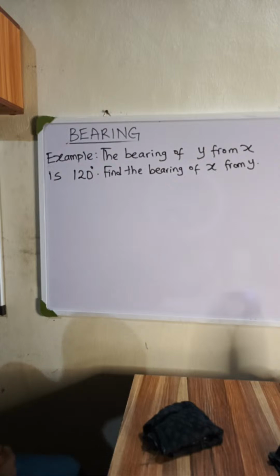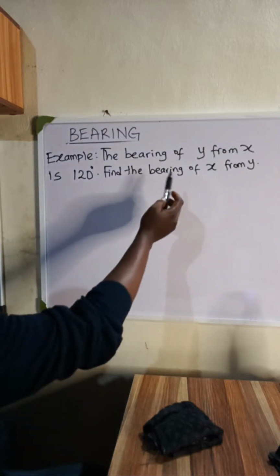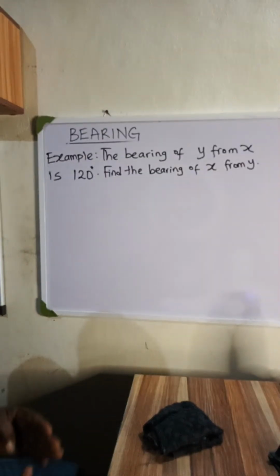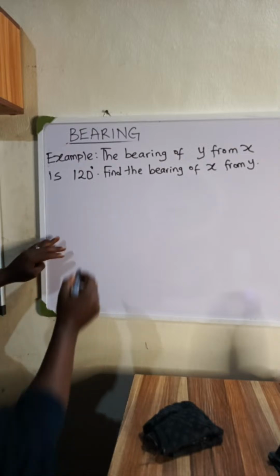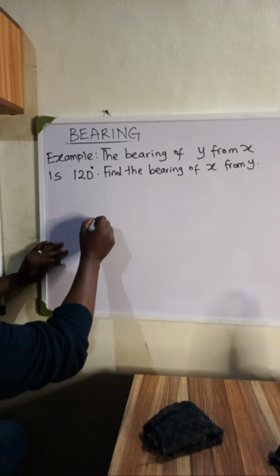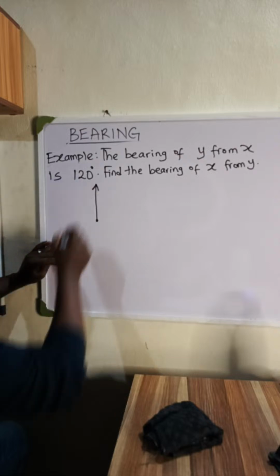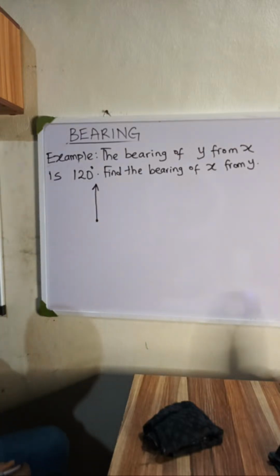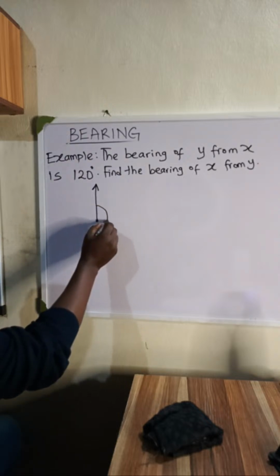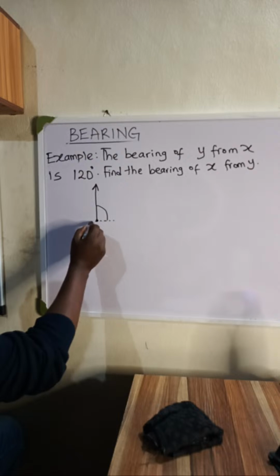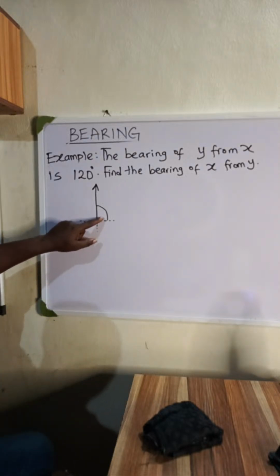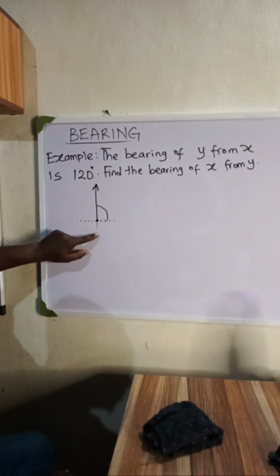Okay, so the initial one is from X. That means from X means we are starting from X. So we have point X here, and if you move like this, this is 90 degrees, this is 180 degrees.